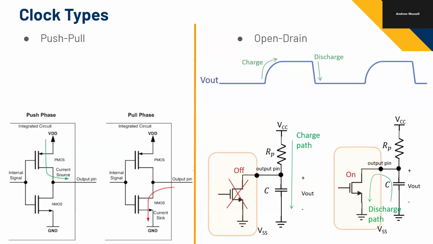That's different from open drain, which is where the pull-up resistors come from. When you saw the pull-up resistors on that other diagram, you basically have a switch inside your driver that goes to ground. This is an NMOS, and either it's closed or it's not. When it's not, you basically have an RC charging, right?